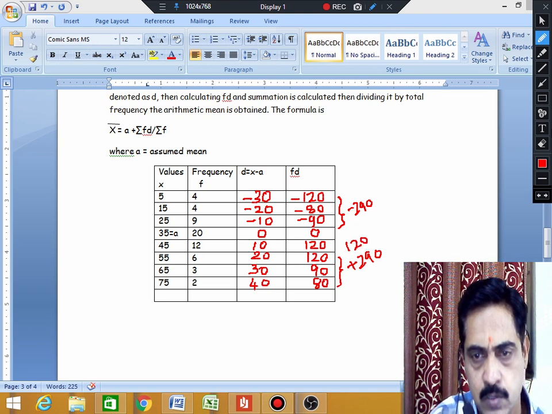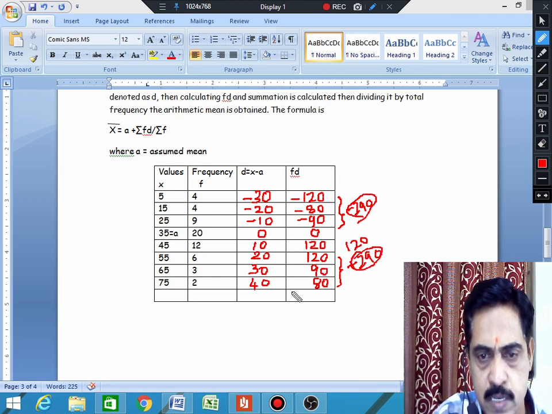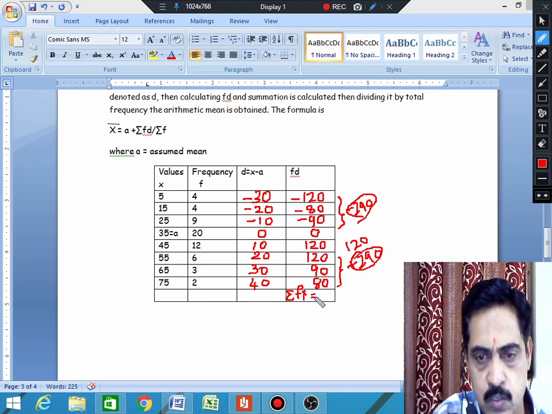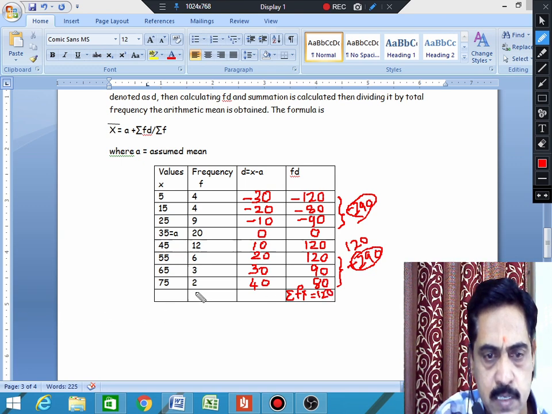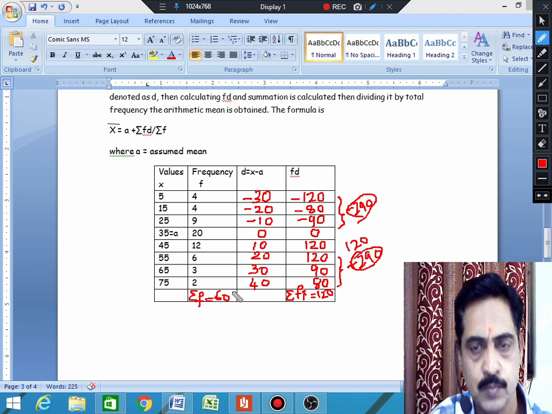So this and this cancel, so the summation of fd remains 120, and the summation of f equals 60, as we know.